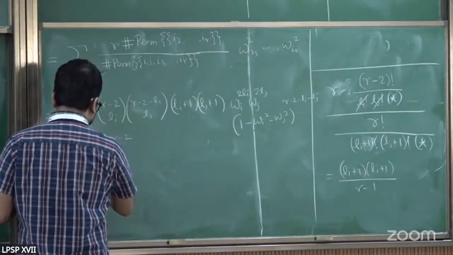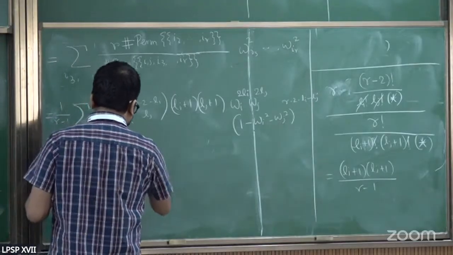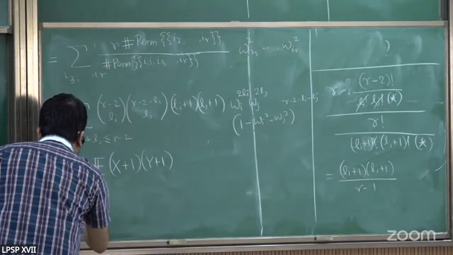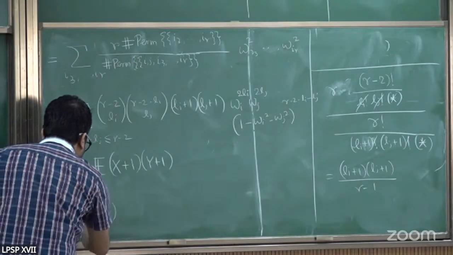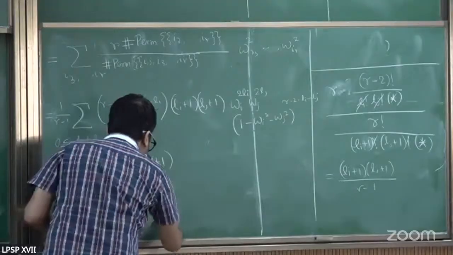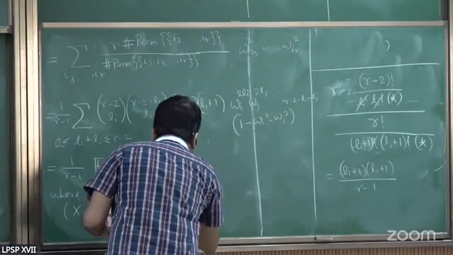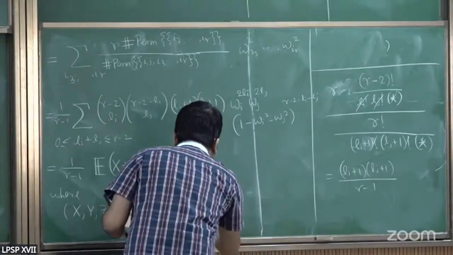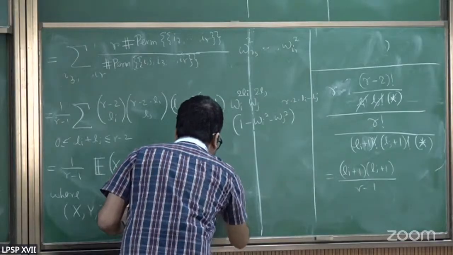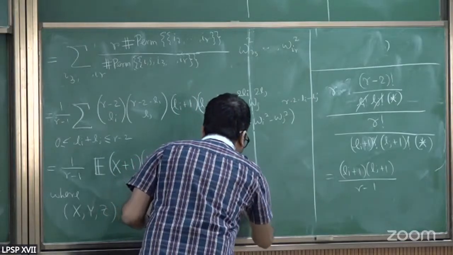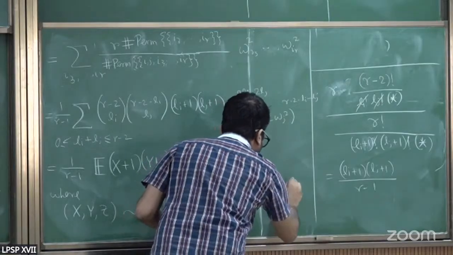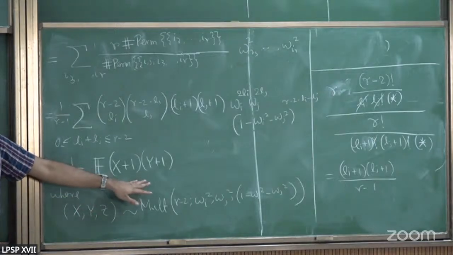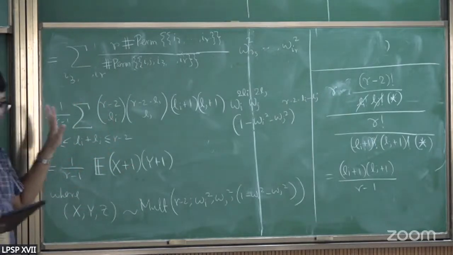This is just the expectation of x plus 1 times y plus 1, where x, y, z follow a multinomial with R minus 2 bins, and the probabilities are given by Wi squared, Wj squared, and 1 minus Wi squared minus Wj squared. And this can be easily computed. You get a degree 4 polynomial in Wi and Wj.